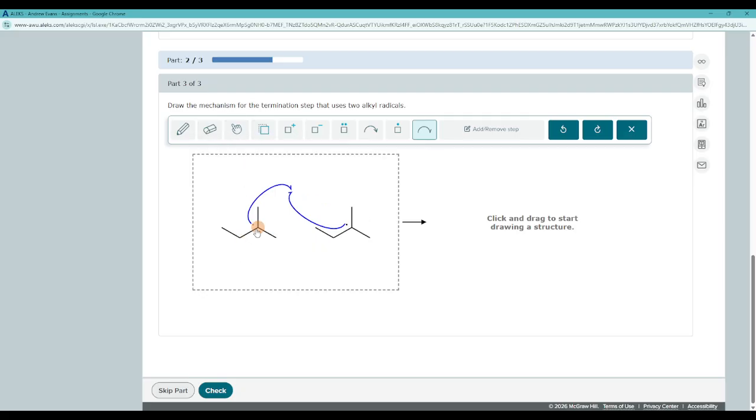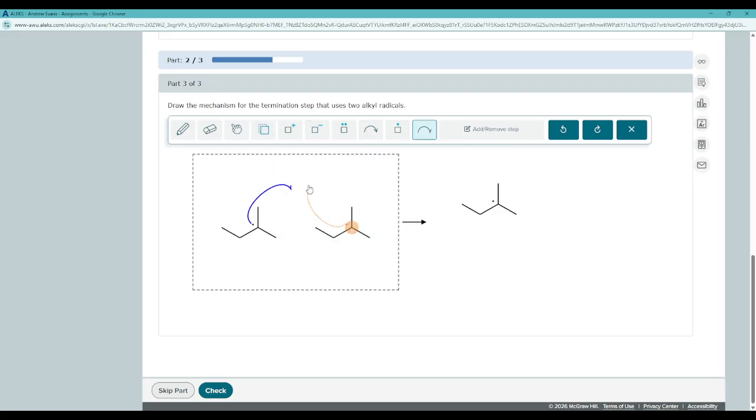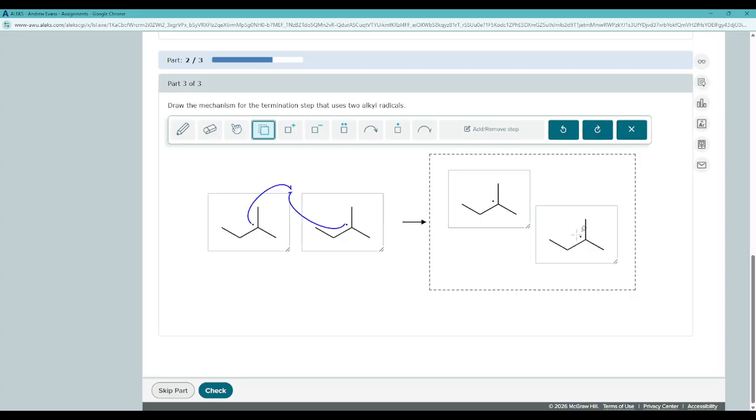The easiest way to do this is, let's copy my structure twice. Copy that over. Oh, nope, Control C. I got rid of that arrow. I didn't want to do that. Okay, copy this over.